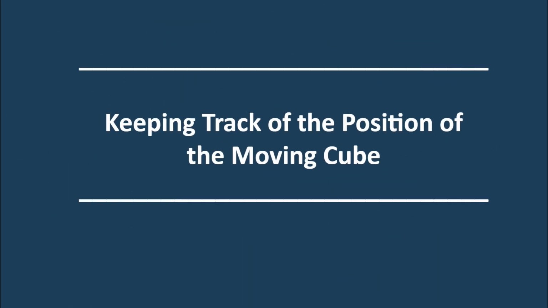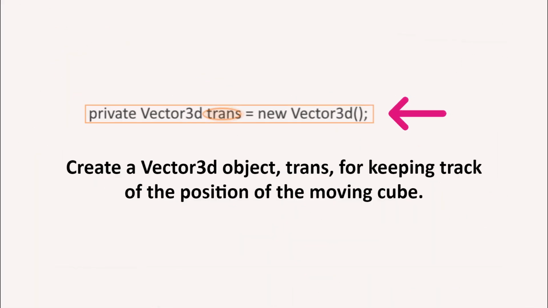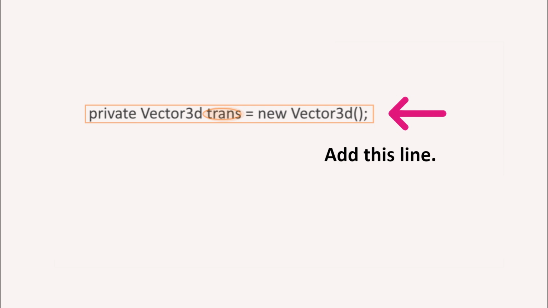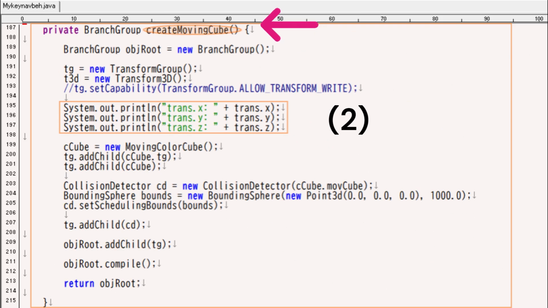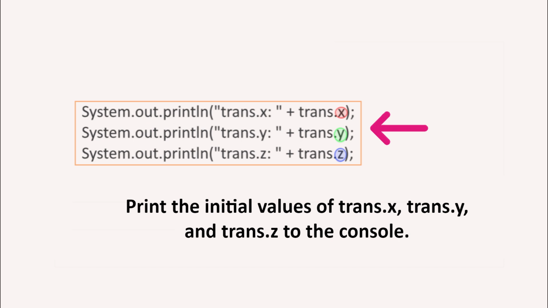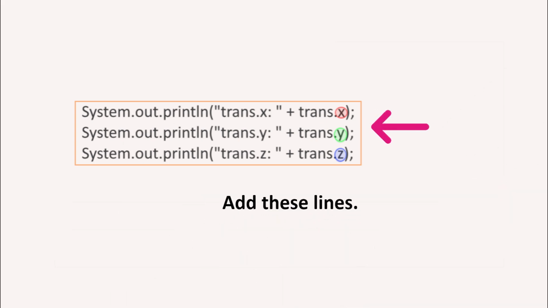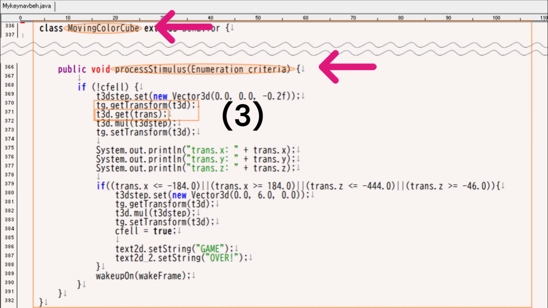Keeping track of the position of the moving cube. 1. Create a Vector3D object, trans, for keeping track of the position of the moving cube. Add this line. 2. Print the initial values of trans.x, trans.y, and trans.z to the console. Add these lines. 3.